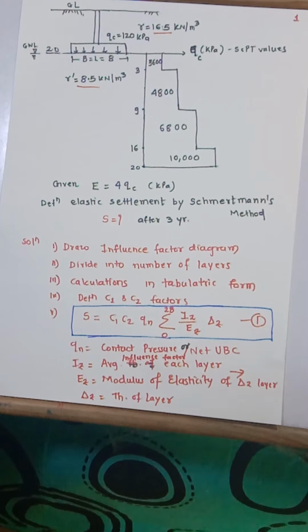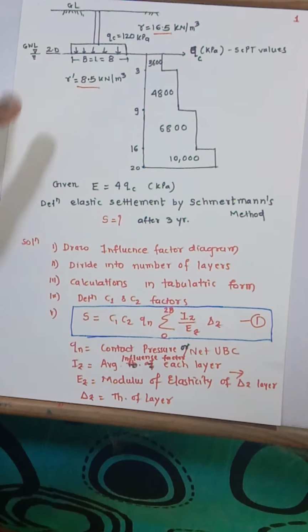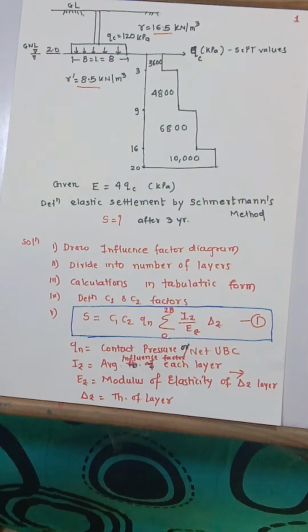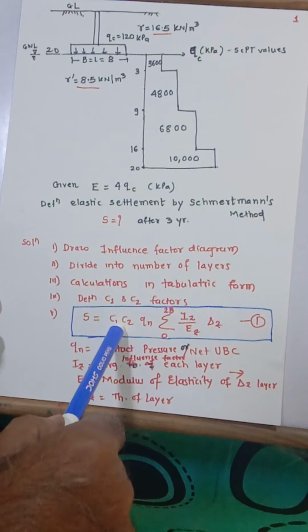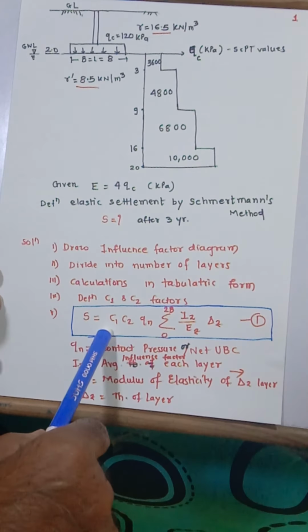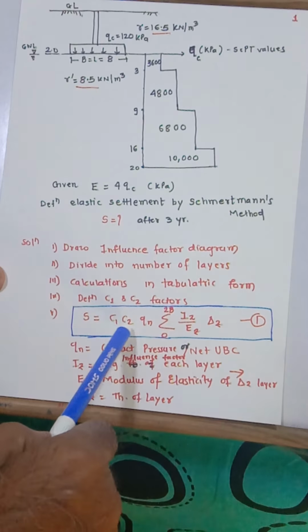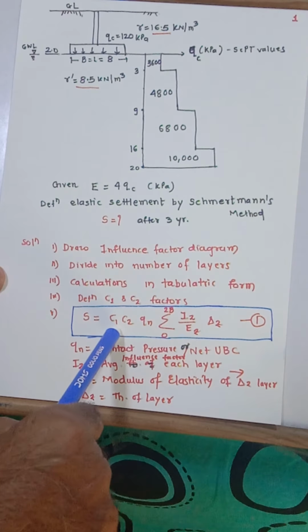So to solve this problem using the Schmertmann method, we have directly the expression to determine the elastic settlement. These are the two factors, C1 and C2.